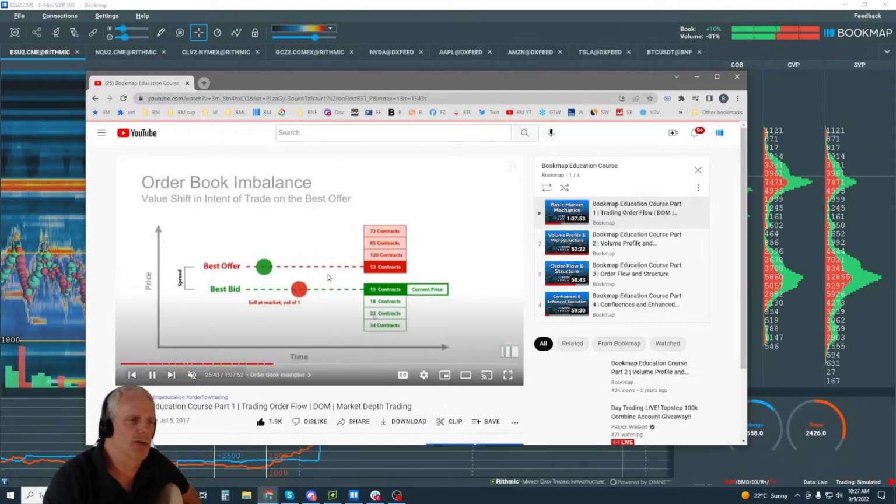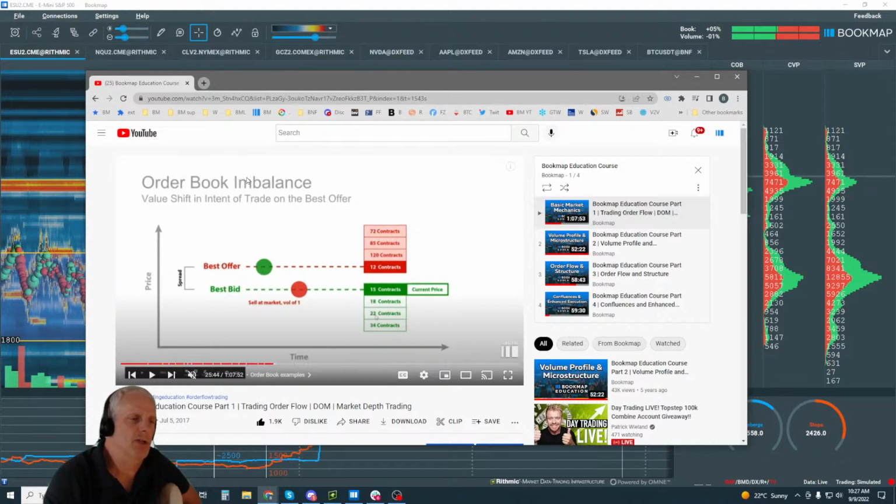Let me show you here. We go through a couple of diagrams about understanding market mechanics and what's making the market move. We have the aggressors moving the market, but we have an influence from the contracts in the order book, and it makes a big difference.